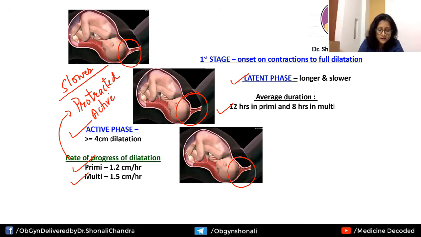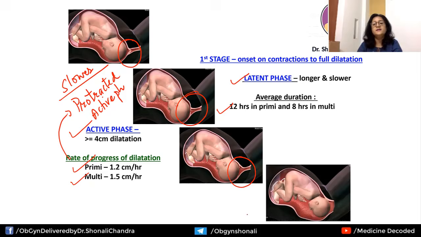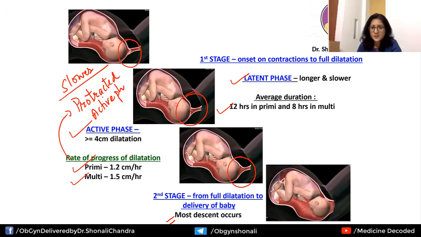Once the cervical dilatation has been achieved completely, the next thing left to happen is the descent of the fetal head, right? The fetal head comes down into the birth canal and then delivery takes place. Most of this descent takes place in the second stage of labor, which is from full dilatation of the cervix to delivery of the baby.